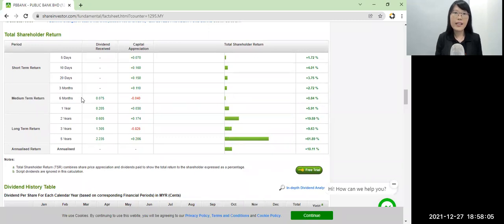You can see in 5 years of long-term return, you are able to get 61.89% return. Okay, while in the 5 days of short-term return, you can get 1.72% of return and so on.